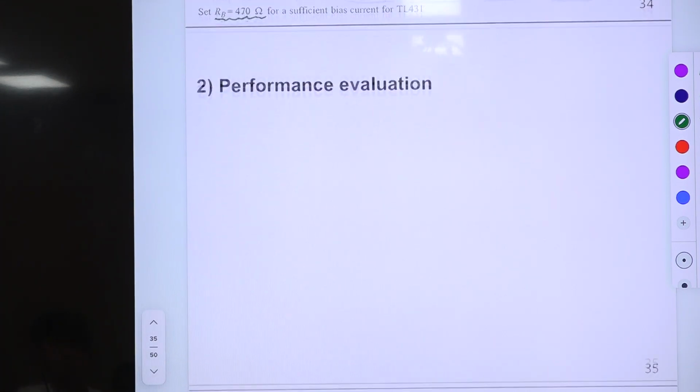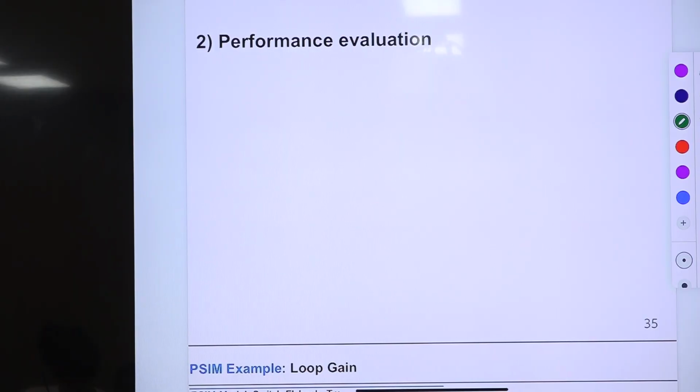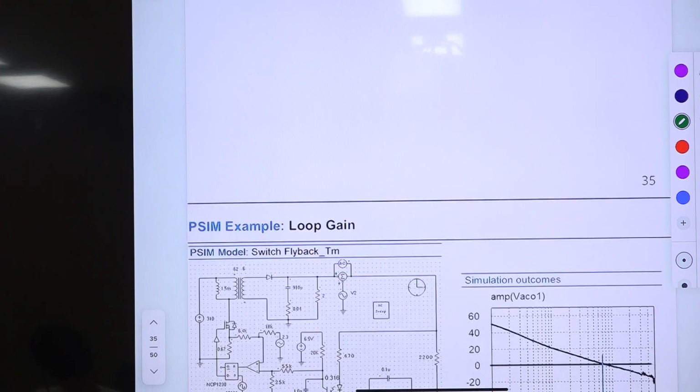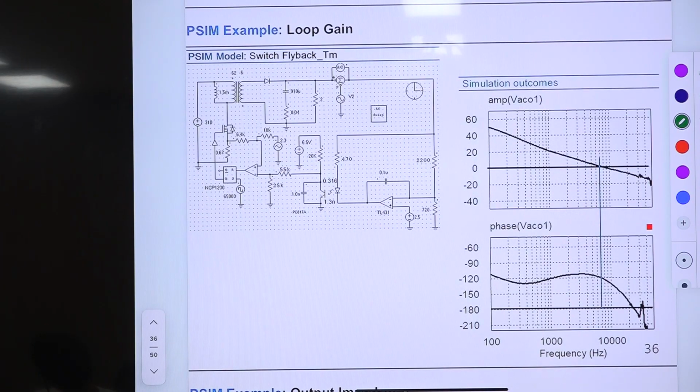Then the next step will be the evaluation of the performance, the frequency domain performance and the time domain performance of this experimental converter, and the loop gain measurement.